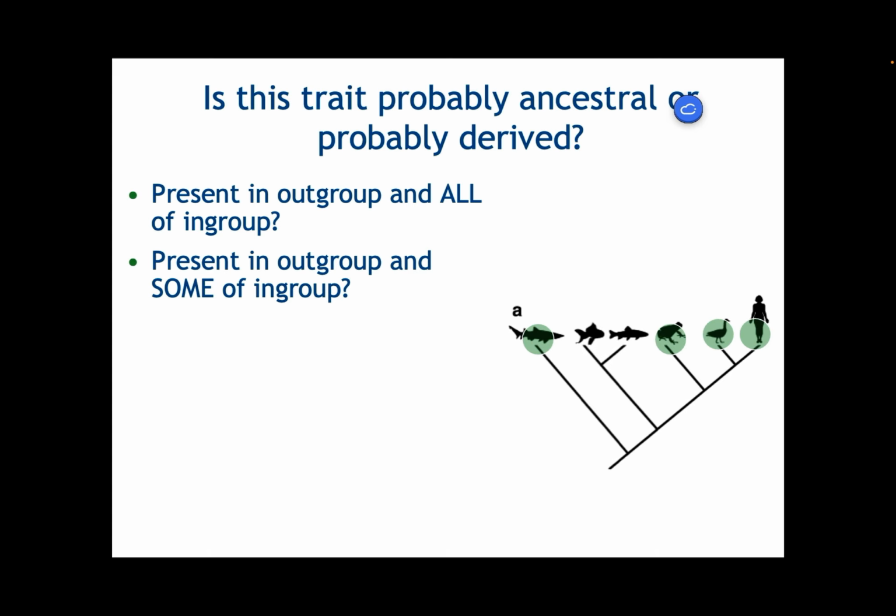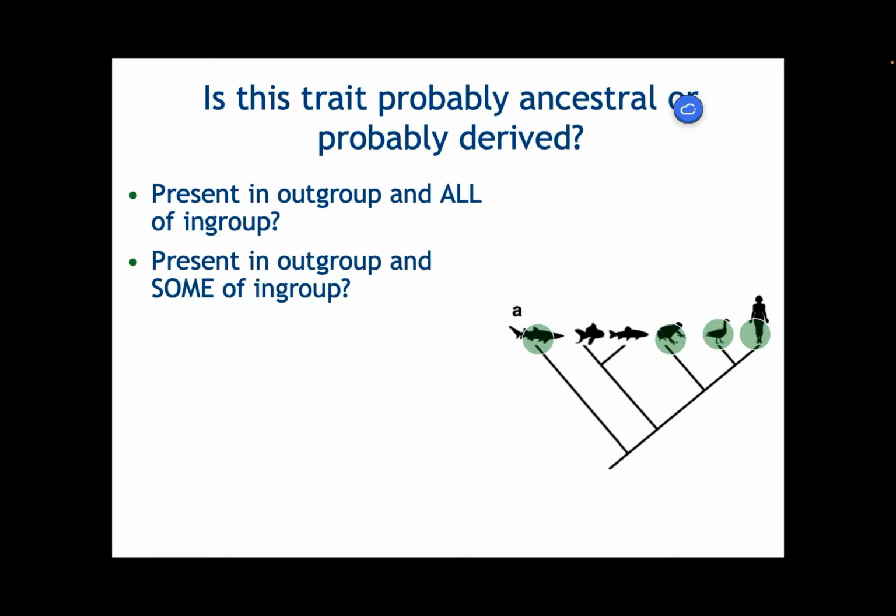Similarly, if a trait is present in the outgroup, and some, but maybe not all members of the in-group have it, raise your hand if you think it's probably ancestral. Okay, and raise your hand if you think it's probably derived. And again, this is another of these examples where we may not know with 100% certainty, and so we'll use terms like probably, this is most likely to be an ancestral trait.